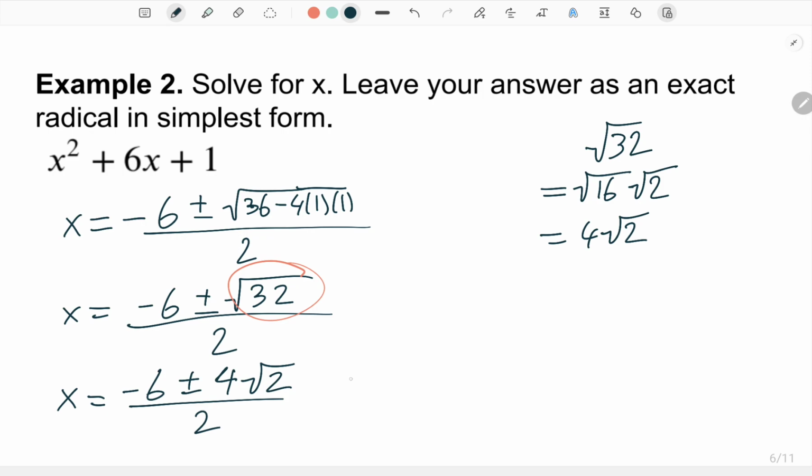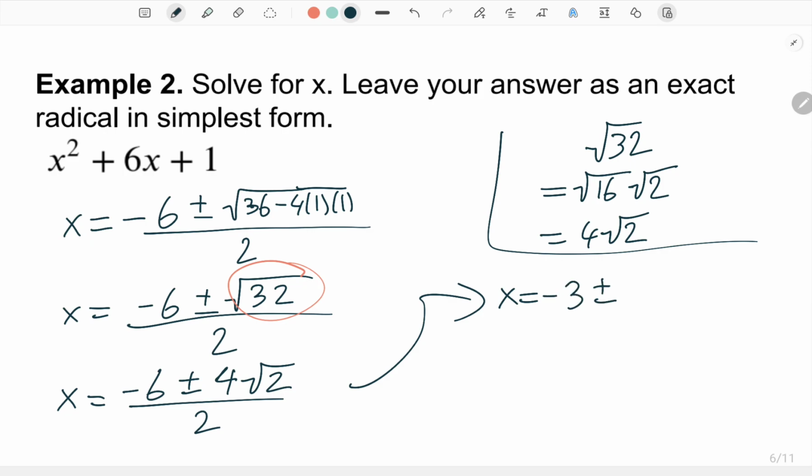We're not even done yet, because what works out really nicely here is we're dividing things by 2, and the numbers on top are actually divisible by 2. So you can just divide each of the individual parts. So negative 6 divided by 2 is just negative 3. Still plus or minus. And when we're dividing the 4 root 2 by 2, you just need to divide the coefficients. So 4 over 2, what is that?